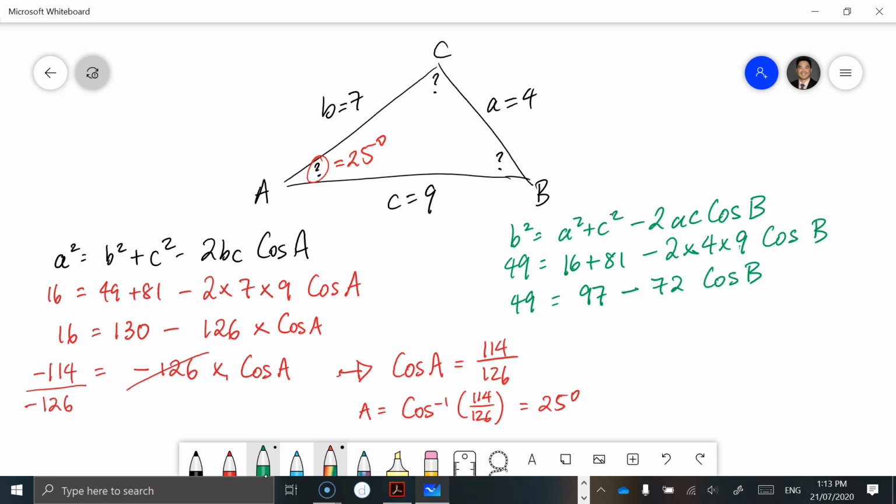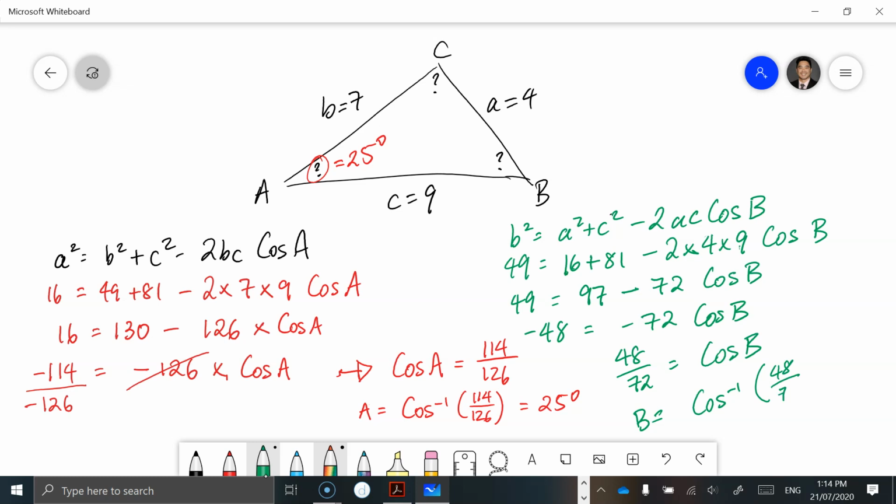We end up getting, brain's a little bit slow today, 49 minus 97 is minus 48, equal to minus 72 cosine of B. Obviously divide both sides by 72, so we've got 48 divided by 72. I've automatically taken out the two negatives to make a positive cosine of B. So B is going to equal the inverse cosine of that ratio, 48 divided by 72.